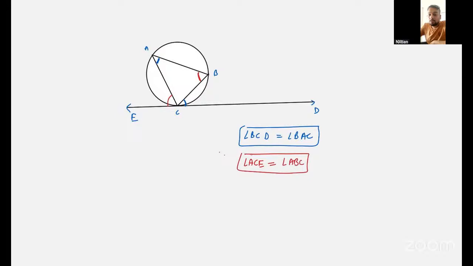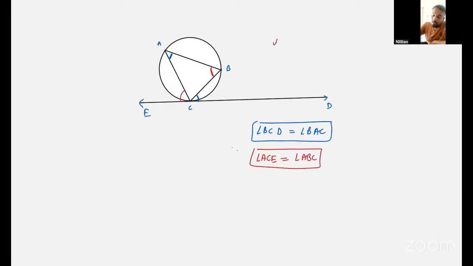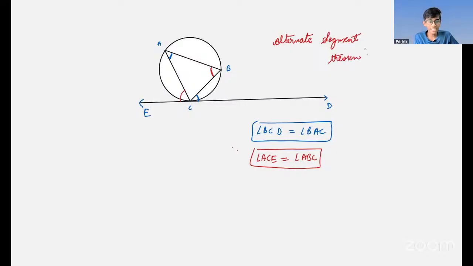So we can conclude both of these from the alternate segment theorem. That means angle BAC plus angle ABC equals 180, right?